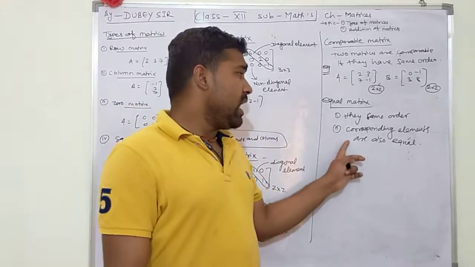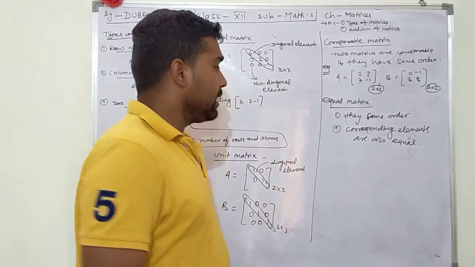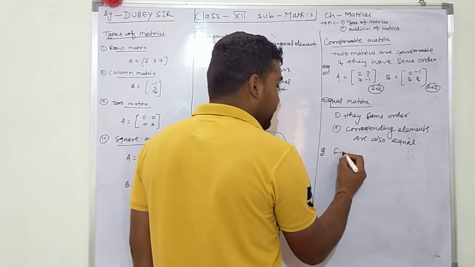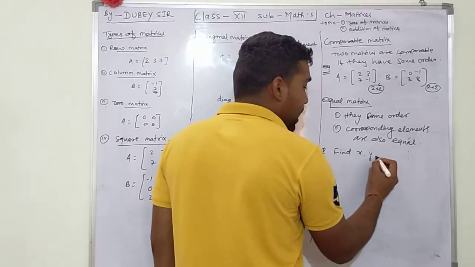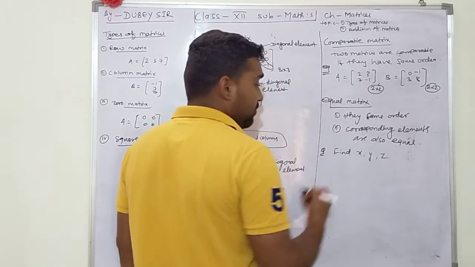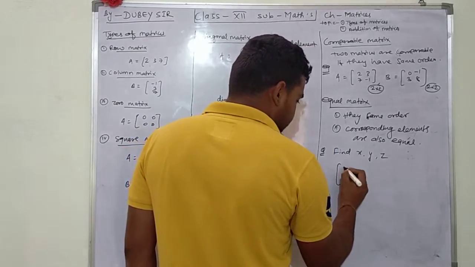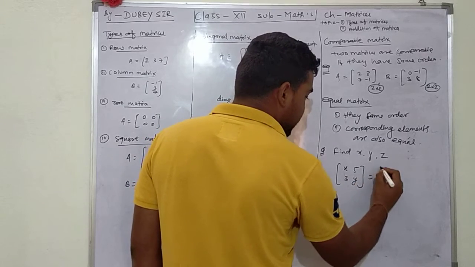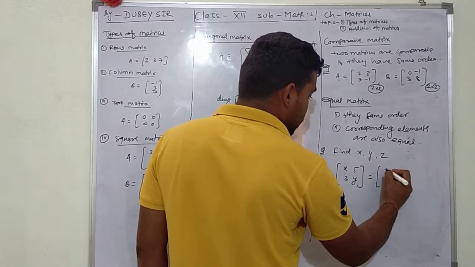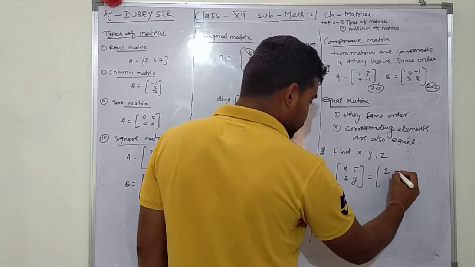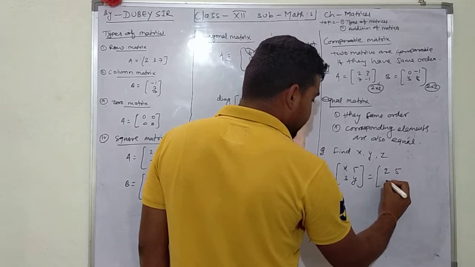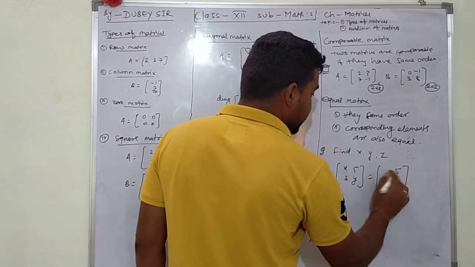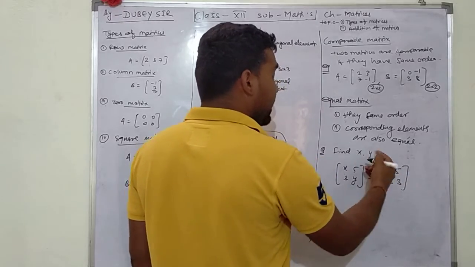Then the matrices are said to be equal. Let us take one example for equal matrices. Find x, y, and z of the following: the matrix x, 5, 3, y equals the matrix 2, 5, z, 3. We have to find x, y, z.